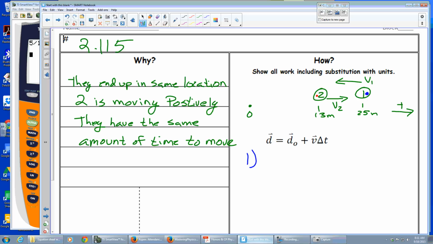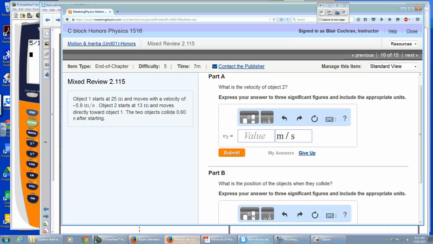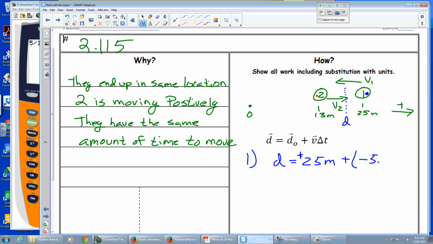Where number 1 ends up, wherever they end up together, we'll call that D. How about that? Number 1 started at positive 25 meters, plus moved at negative 5.9 meters per second for some time, delta t.